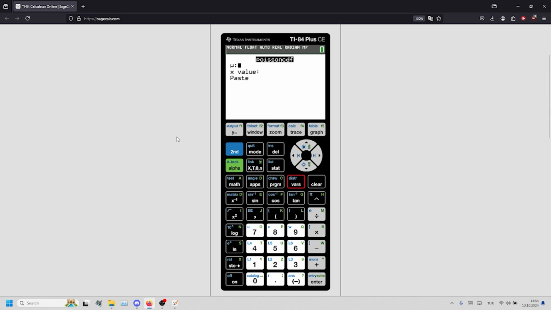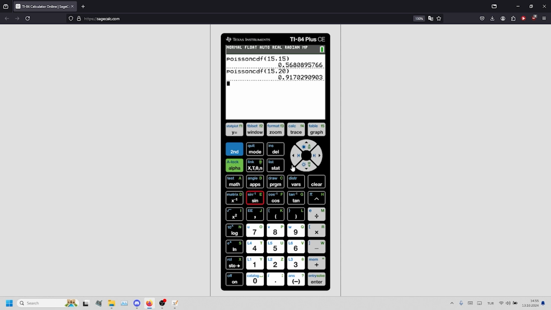So we have to look at Poisson CDF with mu 15, and for the x value we're just going to test a couple of values for now. For example, let's test 15. This is, as you can see, 0.56. So we're going to need to go a bit bigger. Let's test something a bit bigger, maybe not 15, but say 20.